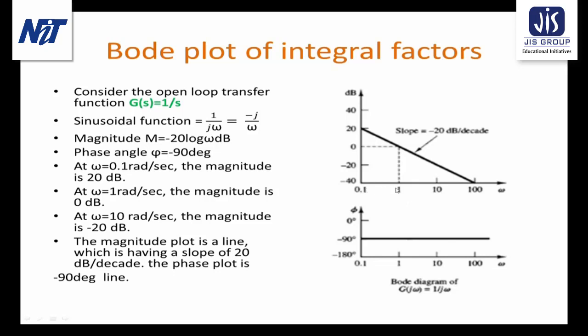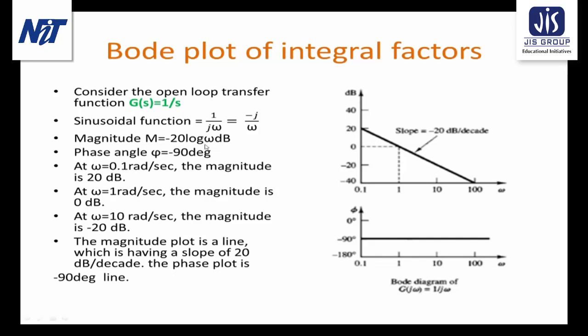So this distance represents 1 decade, and omega is varying from 0.1 to 100 or 1000 and so on. And on the y-axis, it is the magnitude in dB, and this is the reference 0 dB line, and from that there is plus 20 dB, plus 40 dB, this one is minus 20 dB and this one is minus 40 dB.